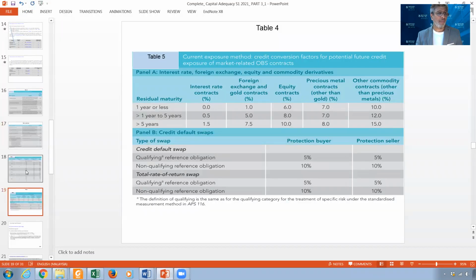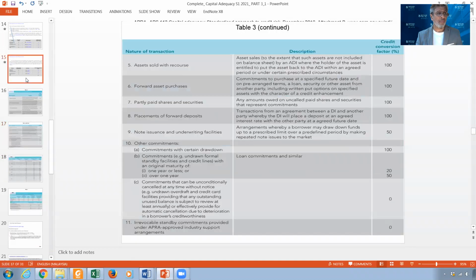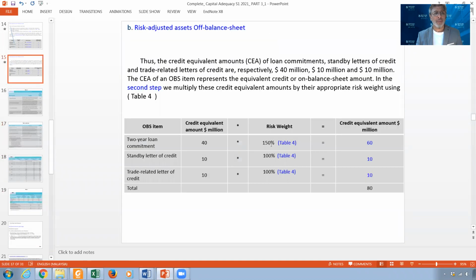So now, this is Triple B, it's 150%, and standby letter of credit is 100%. And as I told you, trade related, you have to take the risk weight according to the rating of the counterparty.